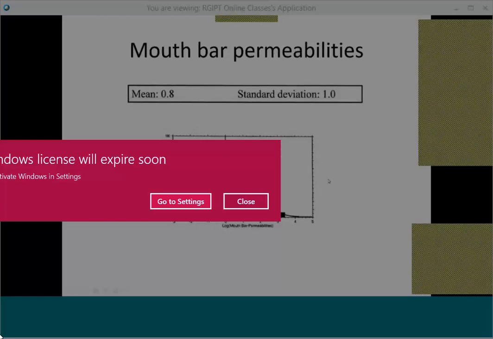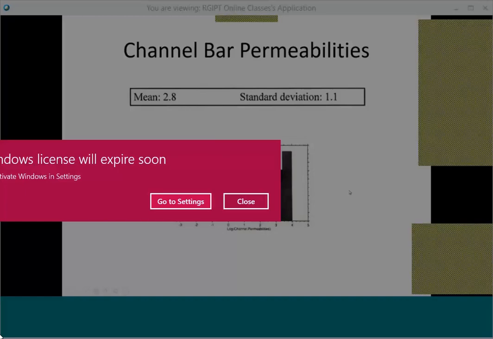And then you can make your permeability distribution as well. So you can see this is log normal because here you have logarithmic. Log normal distribution. And the channel bar distribution is very much skewed.